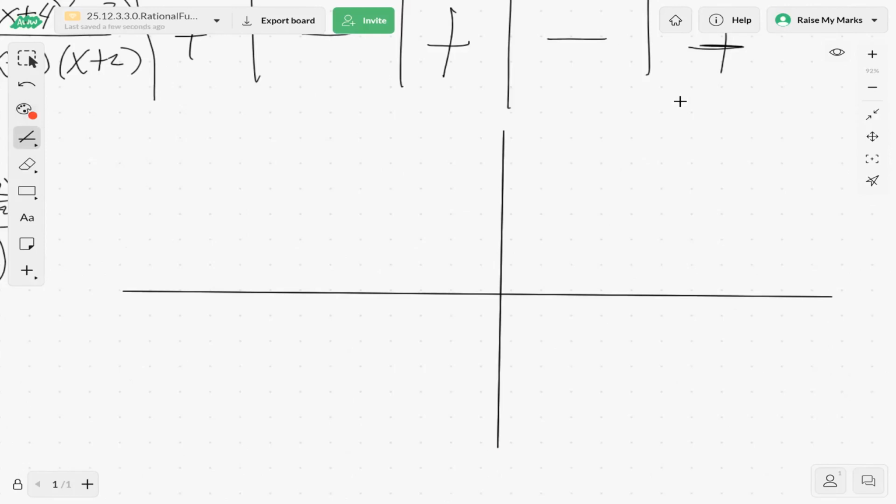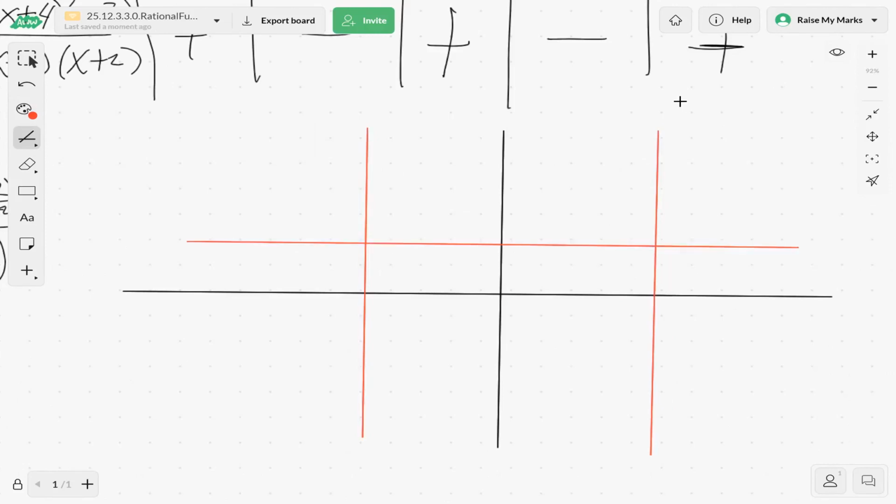We have an asymptote when x equals -2, another one when x equals 2. Those are vertical asymptotes. And then, of course, we have a horizontal asymptote when y equals 1. All right, so let's put some labels in: y-axis, x-axis, our horizontal asymptote, vertical asymptotes.